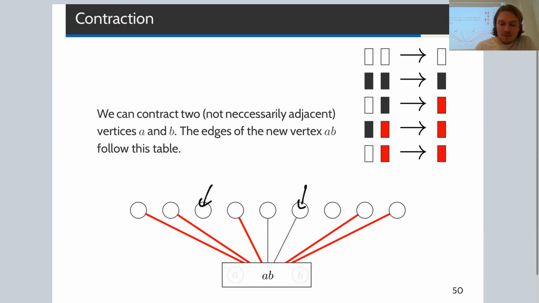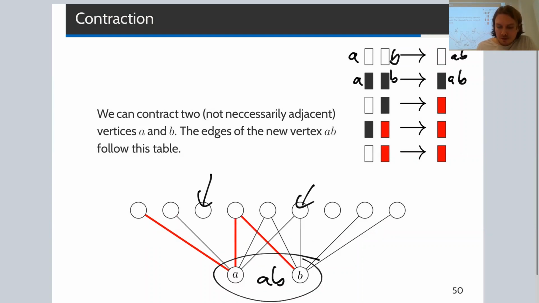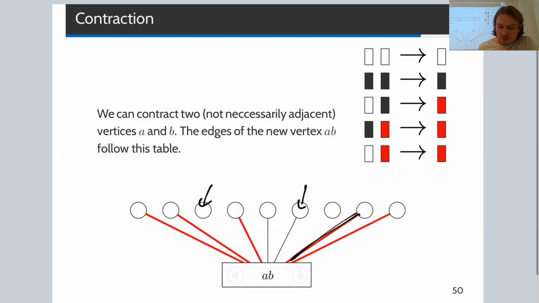On the other hand, if A and B do not agree, for example with this vertex, B is adjacent to it and A is non-adjacent to it. In this case, we create a red error edge between the contracted vertex and it. Now a red edge is introduced here. The same holds if A is adjacent and B has an error edge to a vertex, or as soon as there's one error edge to a vertex, there will be an error edge also in the contraction.